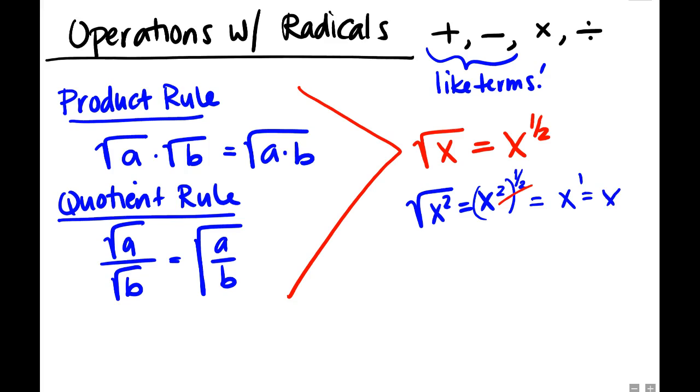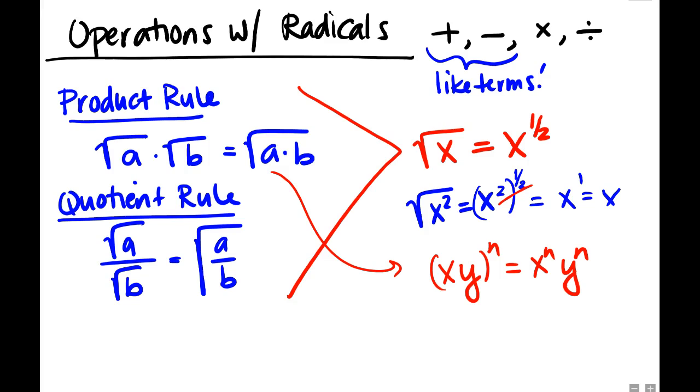So if we think of our radicals as being exponents, this makes a ton more sense, because this is the same rule we saw back for exponents. x to the 1/2 times x to the 1/2, or we actually had it written the other way when we did our exponents. We had this one, xy to the n is equal to x to the n, y to the n. Remember, if we had a product, we could break it up and distribute, so to speak, the n power to these two pieces.